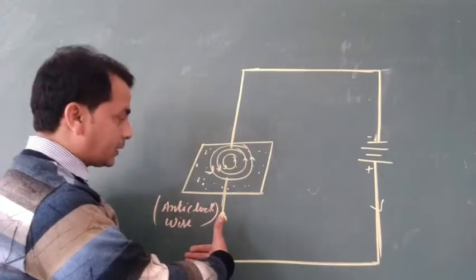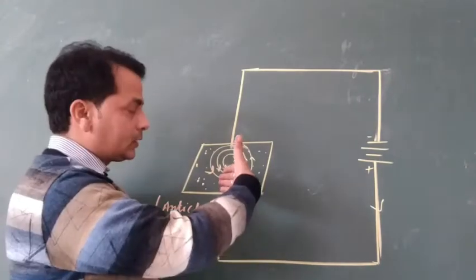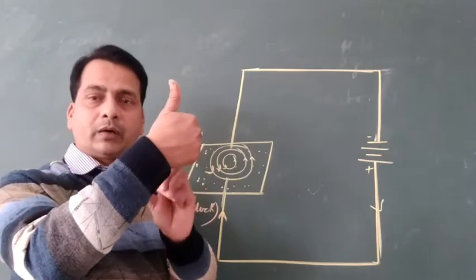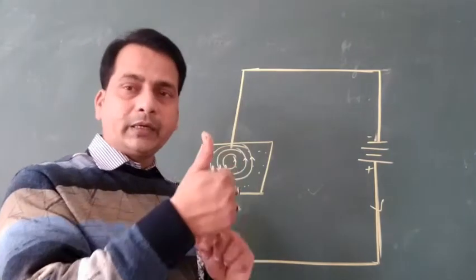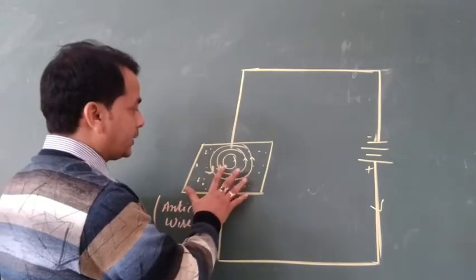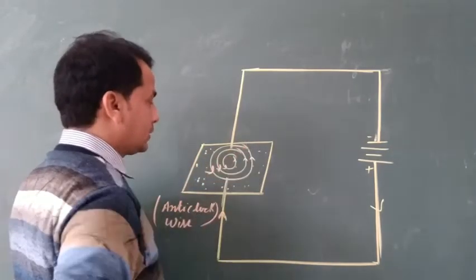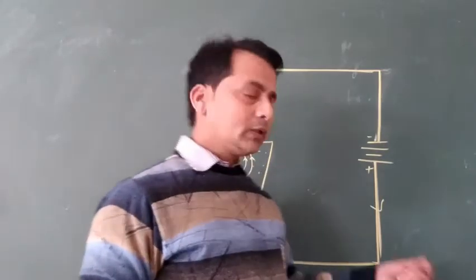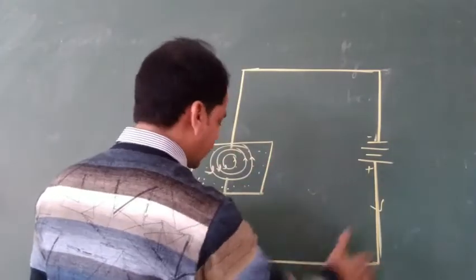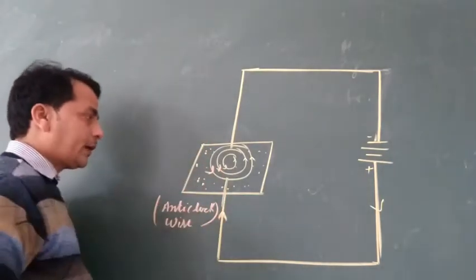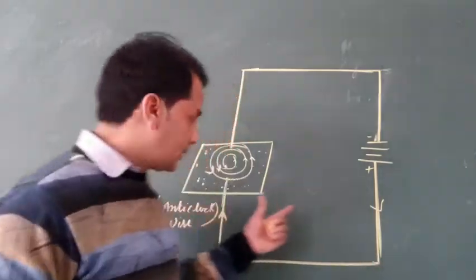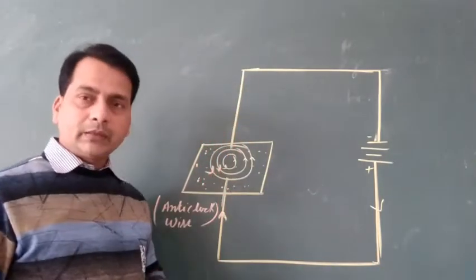The direction of the curved fingers is anti-clockwise. So it is clear that when iron filings are spread over the cardboard, which is connected to the battery, and the current is upward, the direction of the magnetic field lines is anti-clockwise.